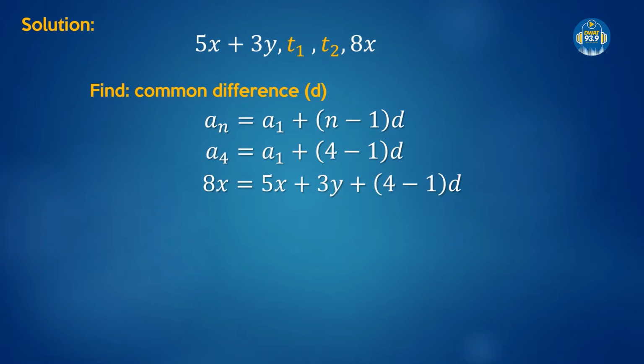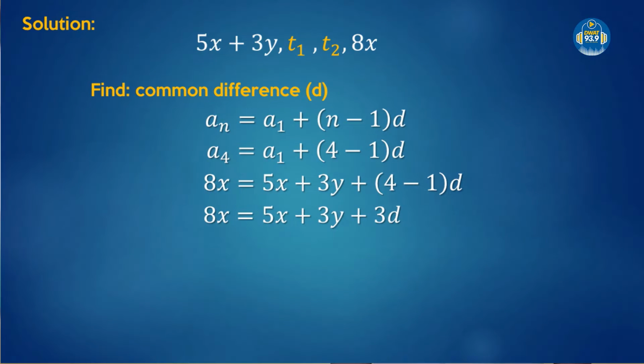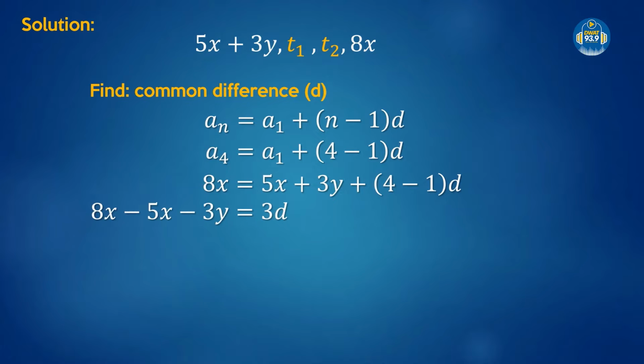By substitution, we have 8x equals 5x plus 3y plus 4 minus 1 times d. Simplifying, we have 8x equals 5x plus 3y plus 3d. Applying the addition property, we have 8x minus 5x minus 3y equals 3d.